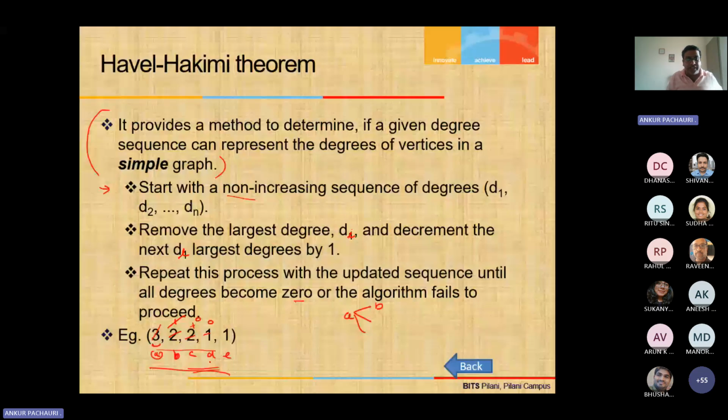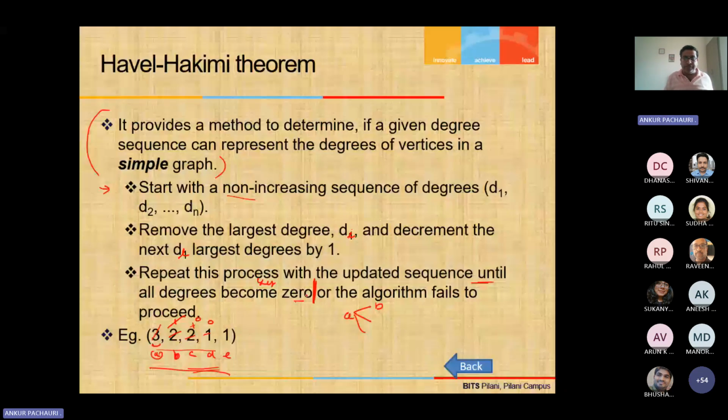So you'll have to repeat this process with the updated sequence until all degrees become 0. If all the degrees become 0, that means yes, it's a valid one.